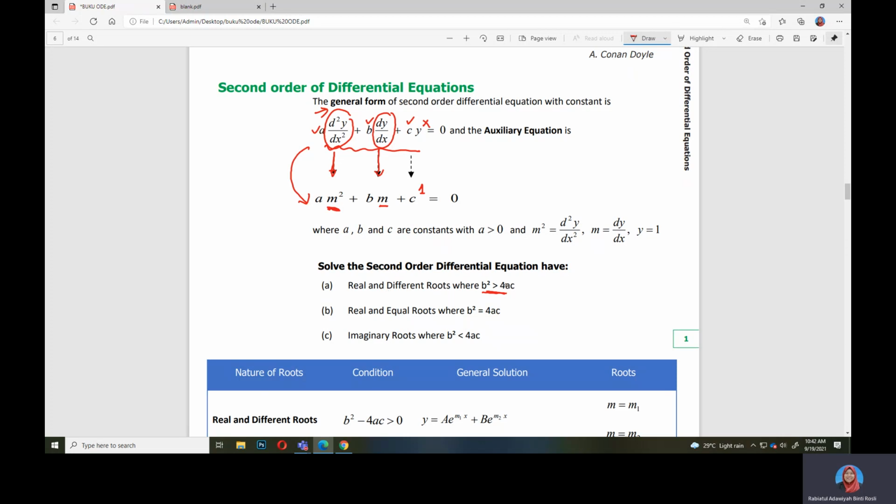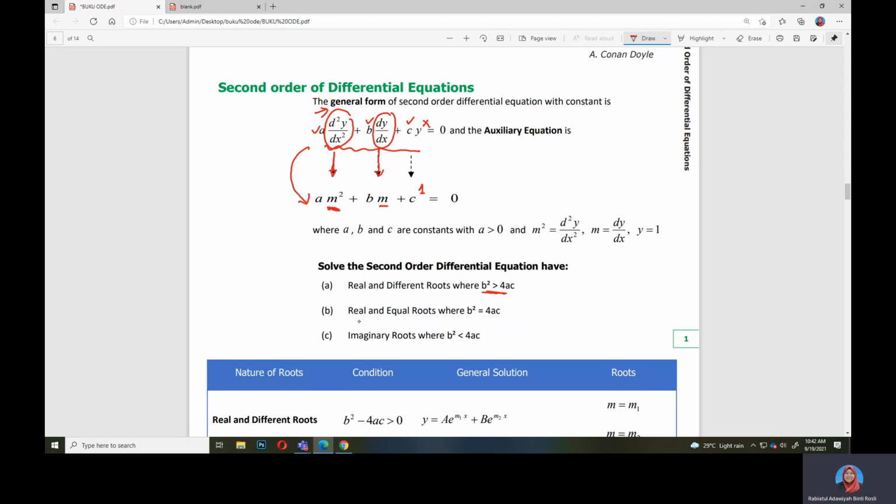You have to substitute the value of b, a, and c. Like I mentioned before, a, b, c are constants, so you have to substitute.